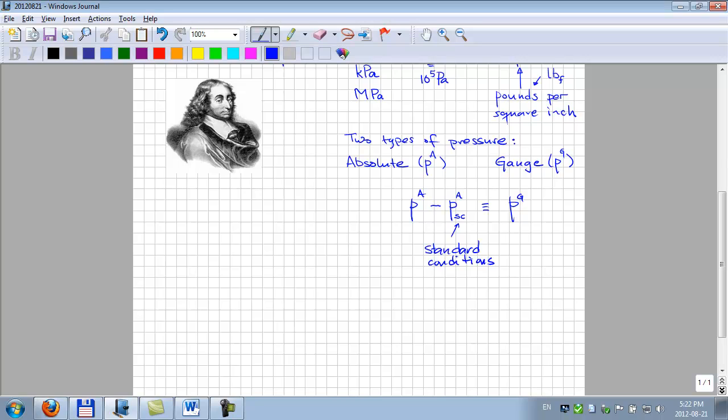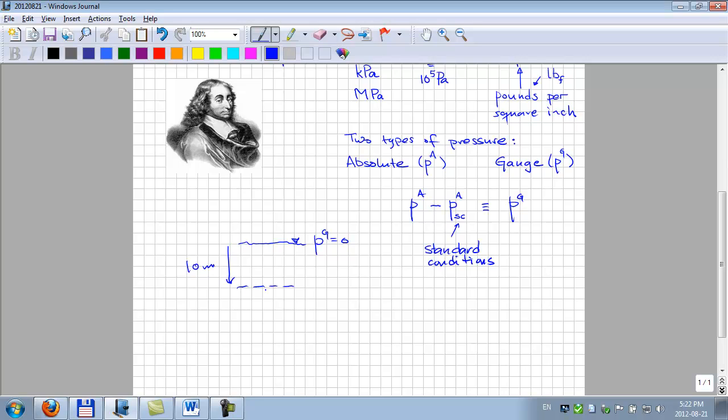So the point is that if you go down, you've got your water here, and we usually draw it like that. And here, the gauge pressure will be 0. Okay? So if you go down 10 meters, the density of water is 1,000 kilograms per cubic meter, and you multiply it by the acceleration due to gravity, 9.8 meters per second squared, and you get something close to 10 to the 5th Pascals.